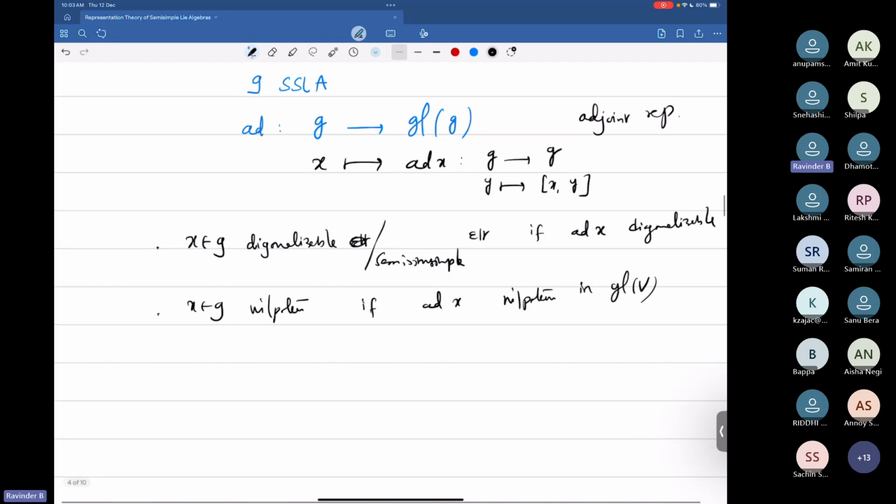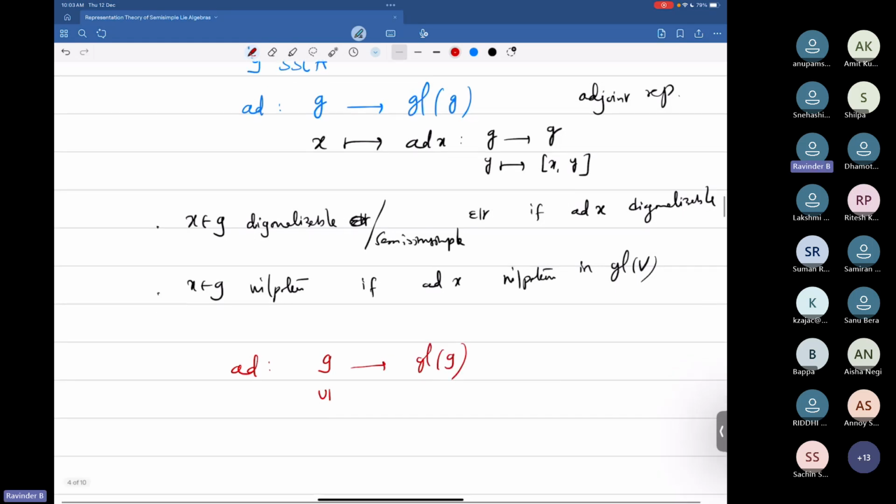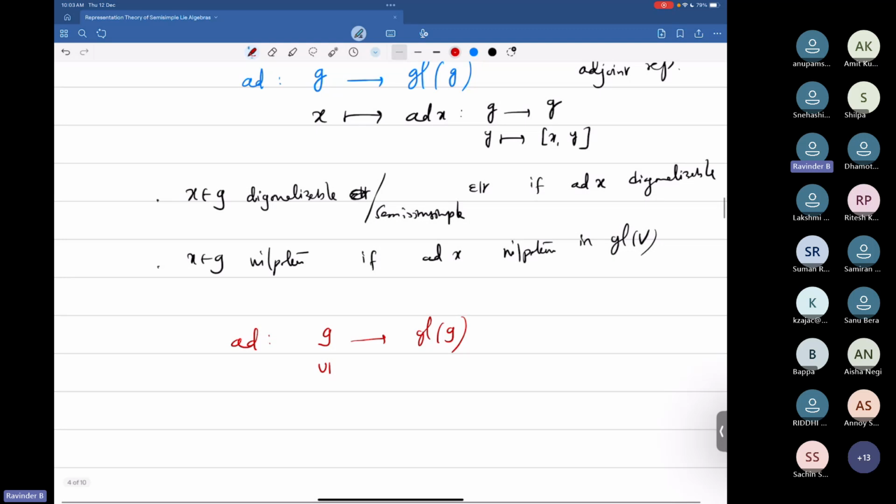And the fact of preservation of Jordan decomposition tells you that if you restrict this ad map, you have from G to GL(G), but you have to restrict it to something like diagonalizable matrices. So in SL3C, I restricted to all diagonal matrices. So what is the property of all diagonal matrices here? Every element should be diagonal or diagonalizable here.